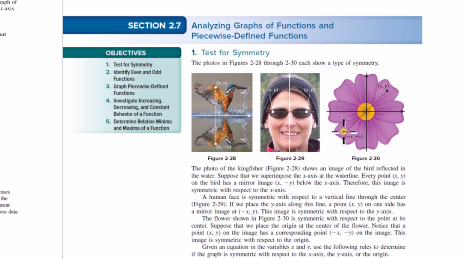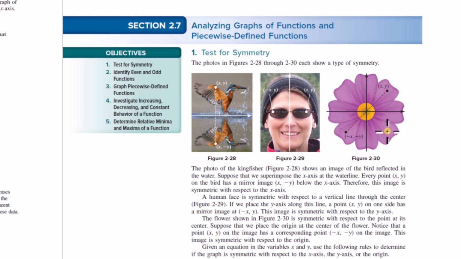But to me, this was confusing because, well, that must mean that it's symmetric with respect to both the x and the y axis. And for this case, that actually is the case. This is symmetric with respect to the x-axis, the y-axis, and the origin. However, being symmetric with respect to the origin does not mean that something is also symmetric with respect to the x and y axis.